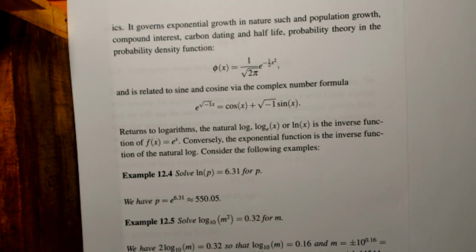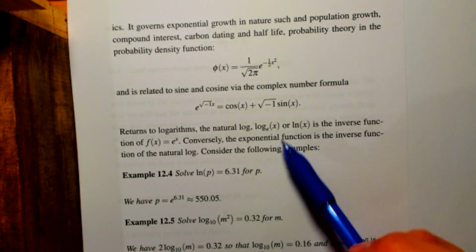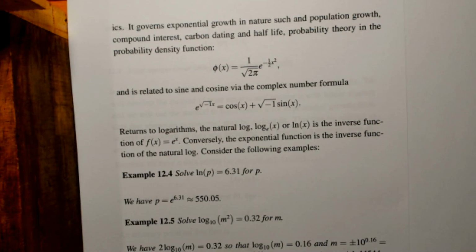So e and pi are very, very important numbers in mathematics. It's related to the sine and cosine via the complex number formula. So e to the power of ix, where i is the square root of minus 1, is cos x plus i sine x.